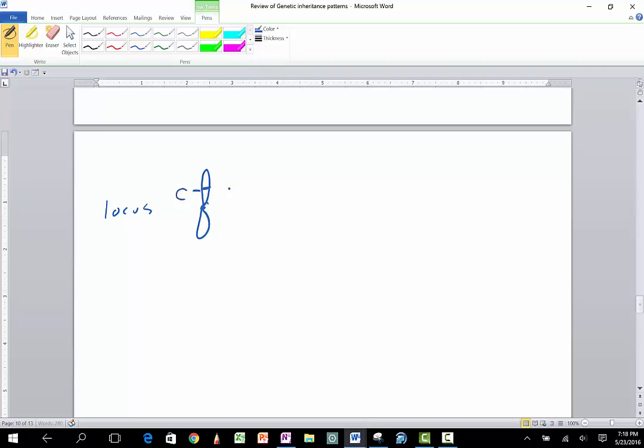So we could say this is the C locus. That's where the C gene lives. If we've got homologous chromosomes, this also has a C gene. But this is the R allele, and this is the W allele.